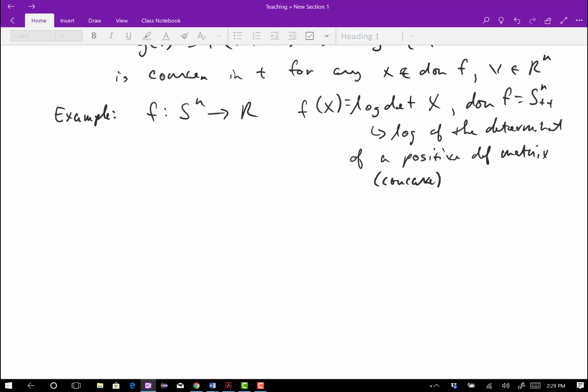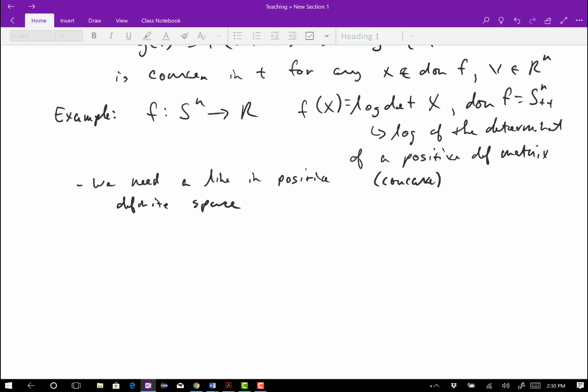So we want to restrict this function to a line, and so we need to think about some idea of what is a line in positive definite space. Okay, so we need a line in positive definite space.